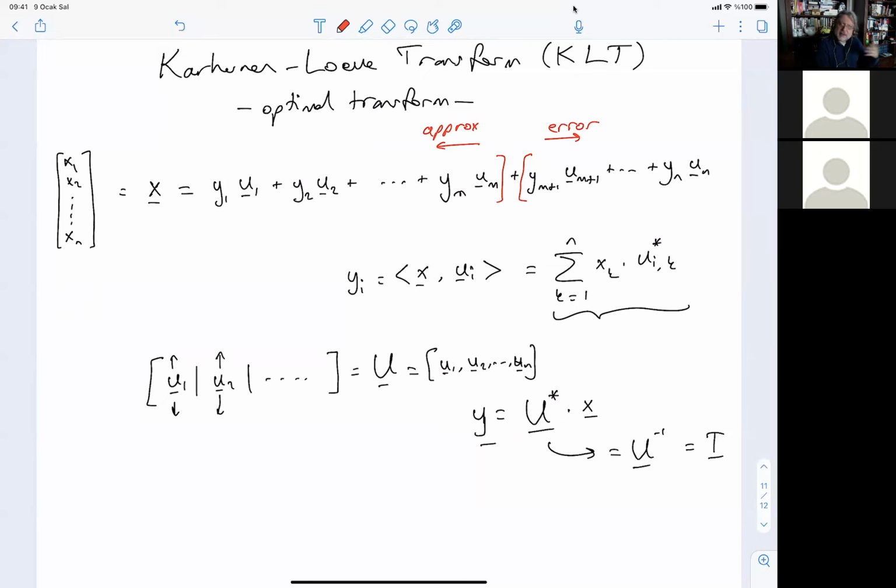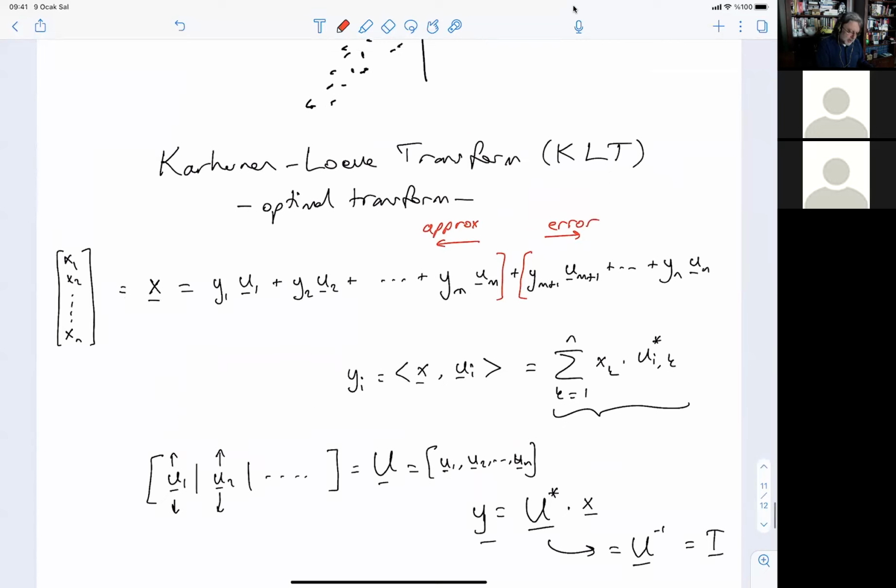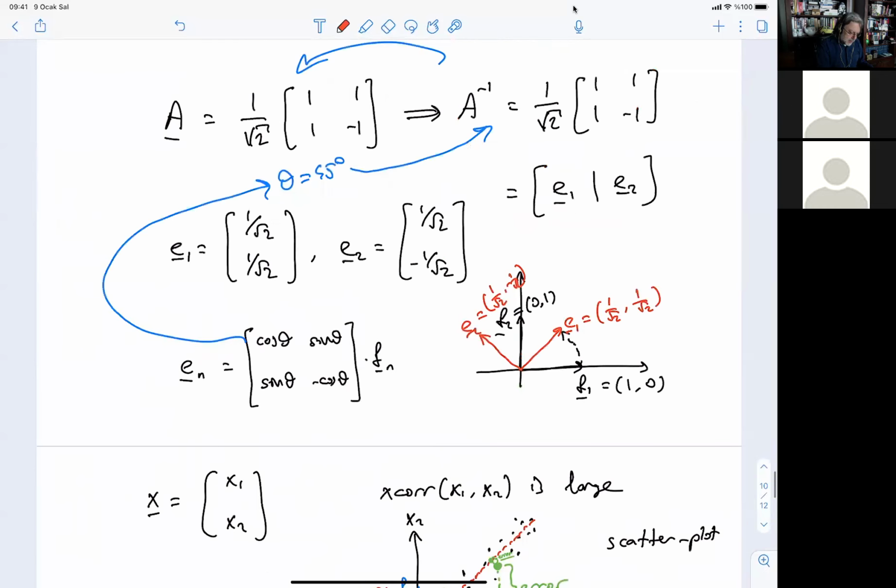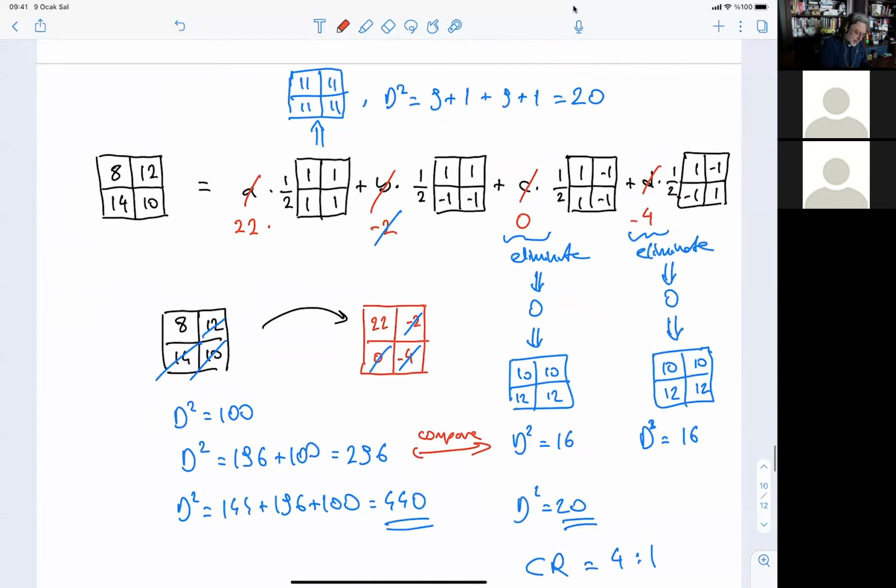As a matter of fact, if we take a look at our previous example that we saw in the last hour, it was like this. We had this signal consisting of a summation of orthonormal basis vectors. These basis vectors are here in the form of a matrix, but they are orthonormal. And in this new representation, the coefficients are 22, -2, 0, and -4.